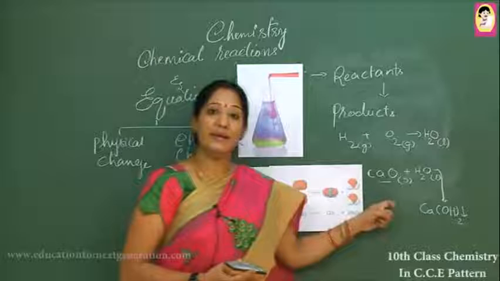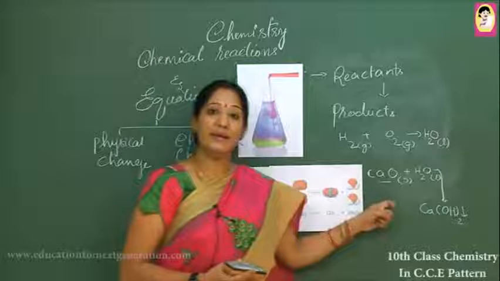From this equation, we can say that one atom of calcium, one atom of carbon and 3 atoms of oxygen comprise calcium carbonate. This on heating gives rise to 1 molecule of calcium oxide plus 1 molecule of carbon dioxide.